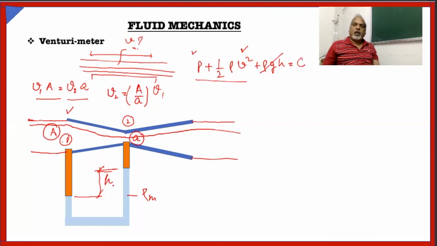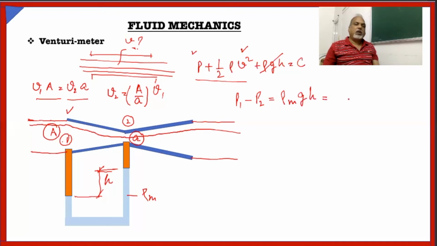Then let us see, P1 minus P2, because pressure at 1 is higher, must be equal to, as per the manometer principle, rho m g h.